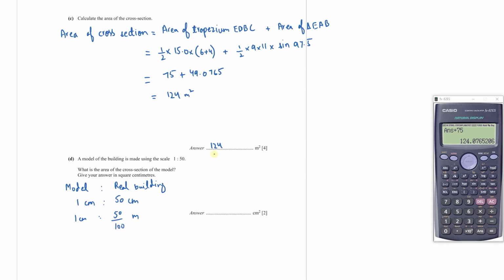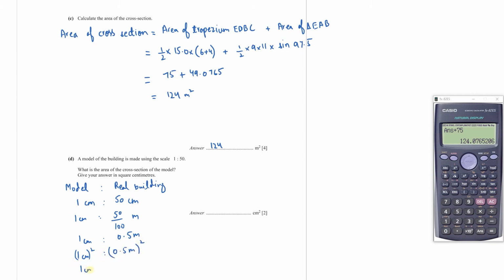And then since I'm looking at the area, I'll take the square on both sides. So 1 centimeter is 0.5 meter in the real building. So then 1 centimeter square, I take the square on both sides, 0.5 meter square.